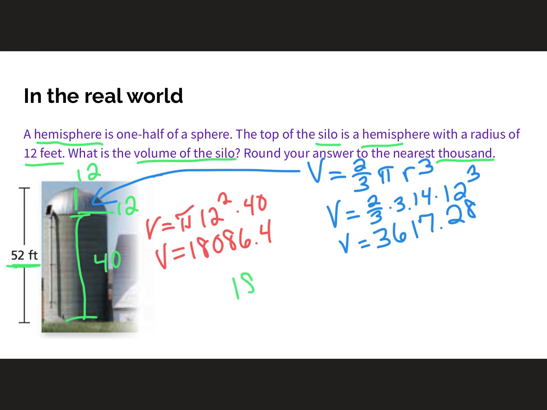Now I'm going to add these. So I've got 18,086.4 plus 3,617.28.